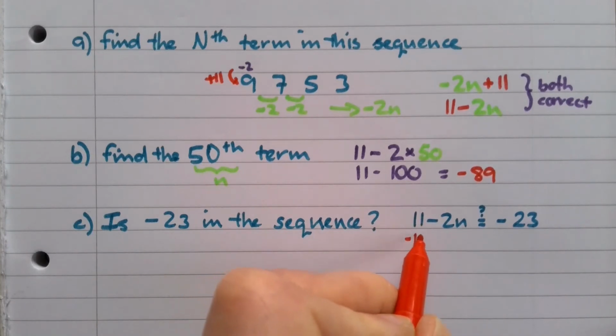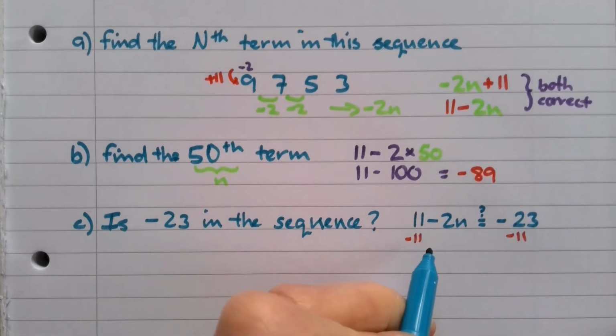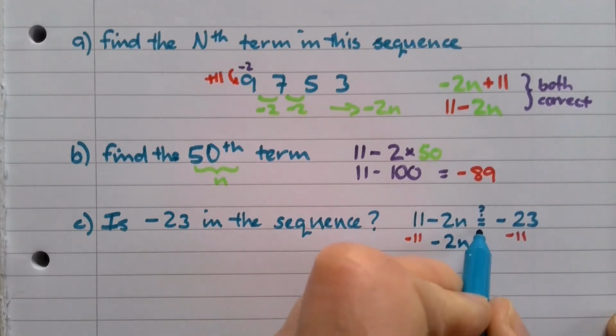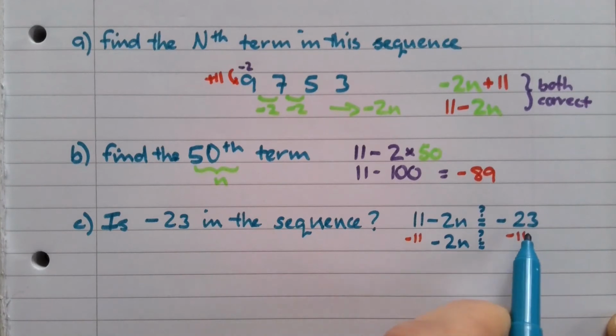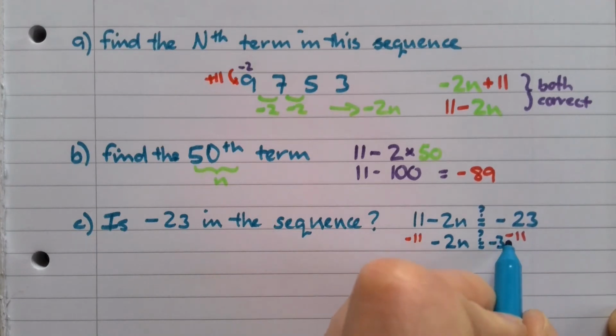So that means we need to do -11 to both sides. So 11 take away 11, that just goes away, so now I've got -2n. Is that equal to, now -23 take away another 11 is going to be -34.